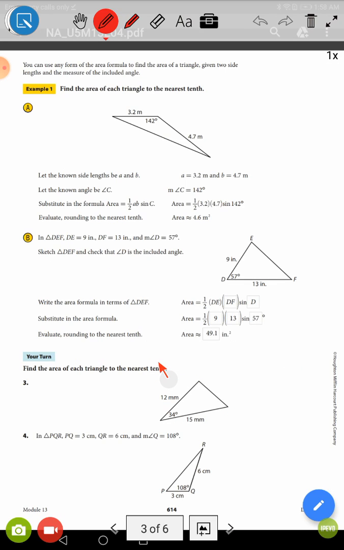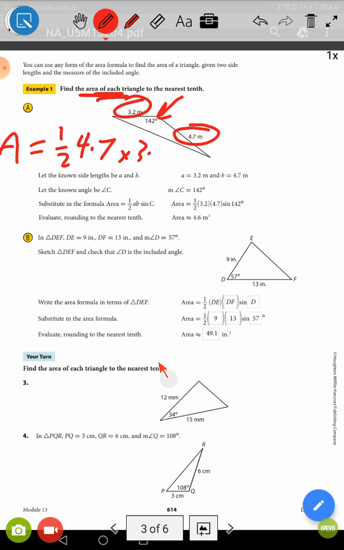For example, find the area of each triangle. We have that side and the included angle. So the area will be half the two sides, 4.7 multiplied by 3.2, multiplied by sine of the angle between them. Then find our answer to the nearest tenth: the area is about 4.6 square meters.